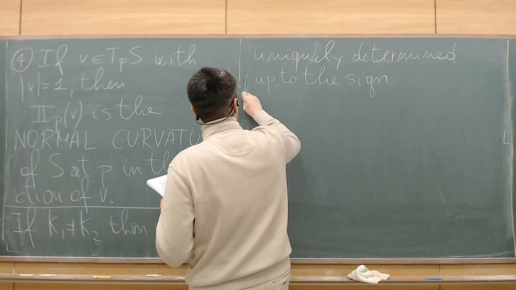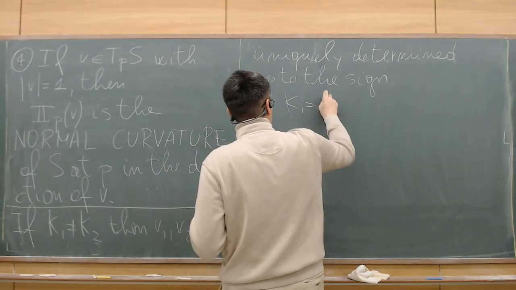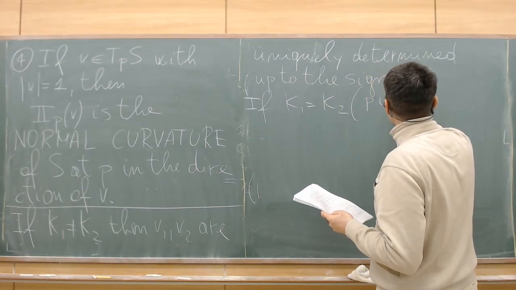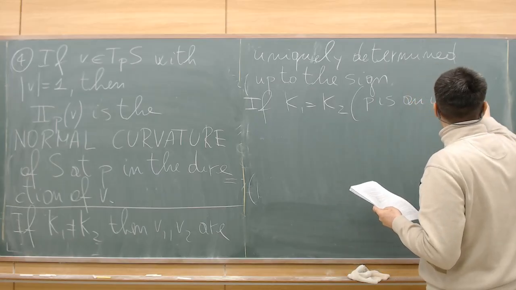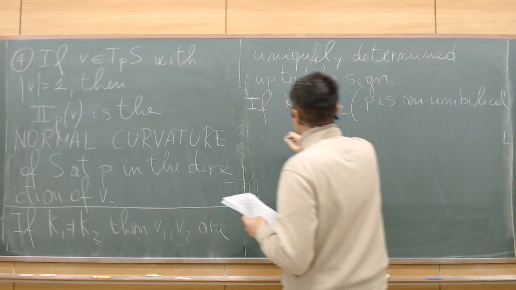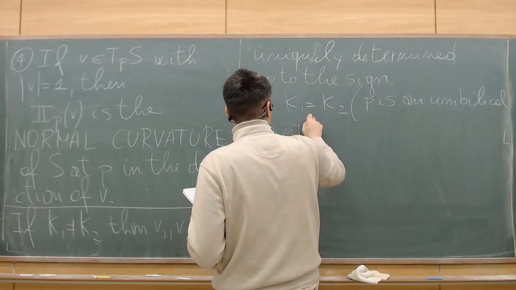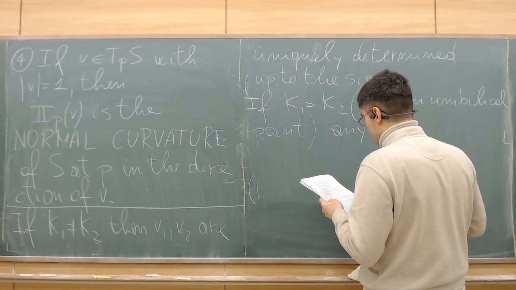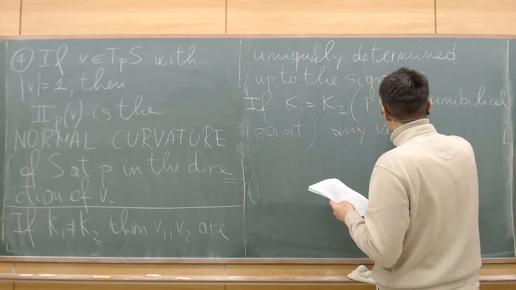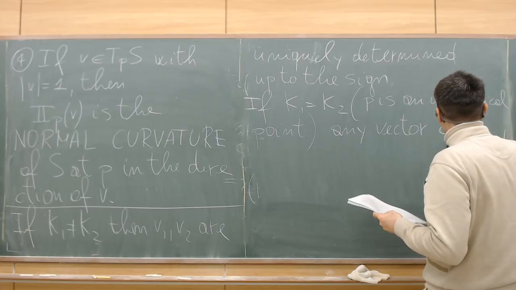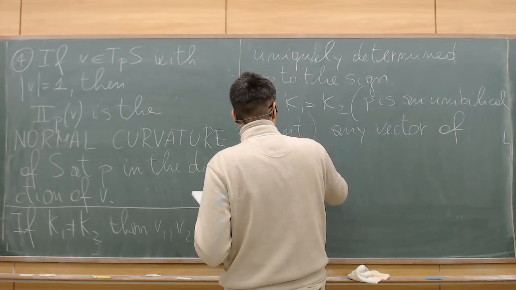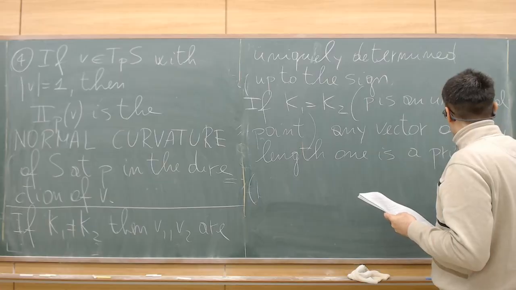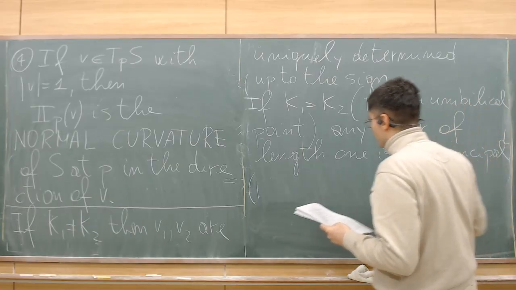Instead, if K1 equal to K2, that is P is an umbilical point, any vector of length 1 is a principal direction.